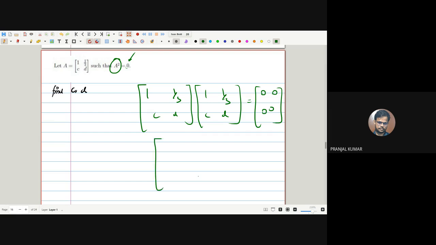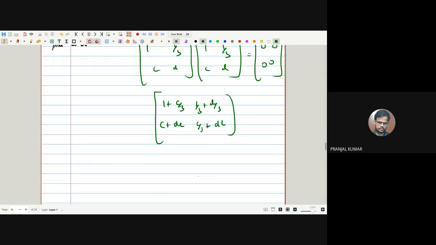So this will give you 1 plus c by 3, then 1 by 3 plus d by 3, then c plus dc, then c by 3 plus d square, equal to 0, 0, 0, 0.